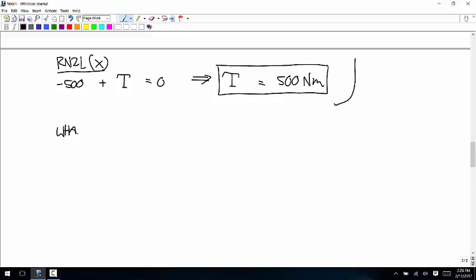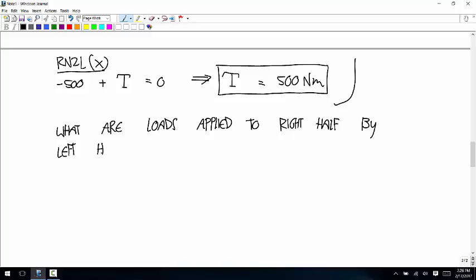What are the loads applied to the right half of the beam by the left half? And the answer is that's a Newton's third law kind of thing. So Newton's third law says those internal loads would be equal and opposite.